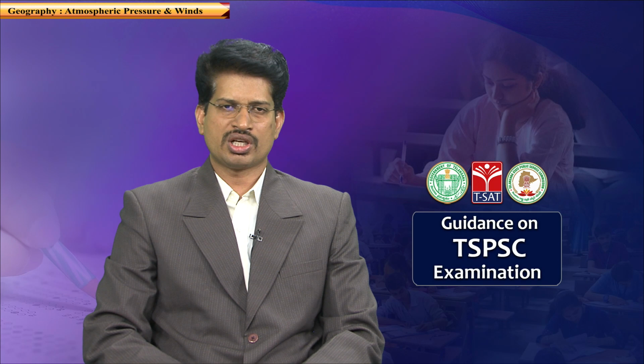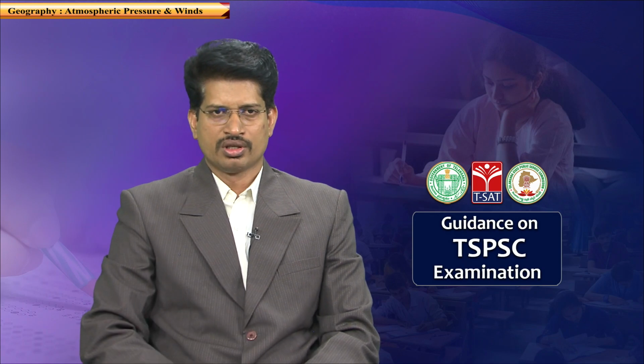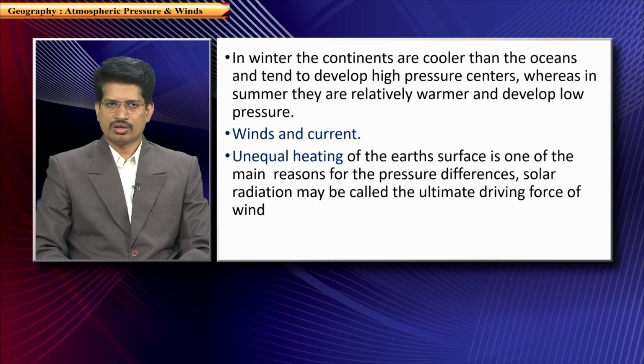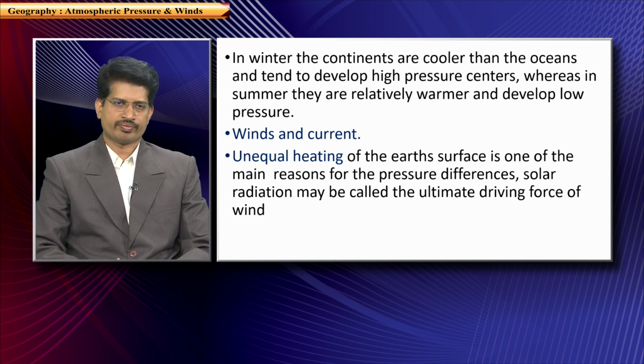High pressure is created by low temperature, low pressure is created by high temperature. So for example, in statement number 1, in winter the continents are cooler, meaning the pressure will be high, than the oceans, and tend to develop high pressure. Whereas in the summer they are relatively warmer and develop low pressure. So because of this reason, winds blow from ocean to continents.